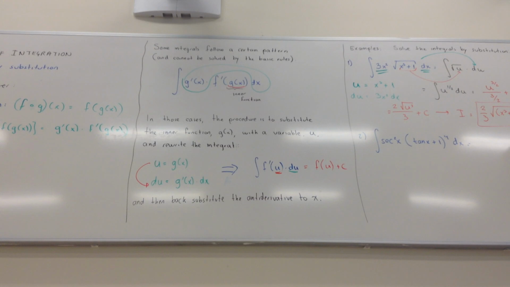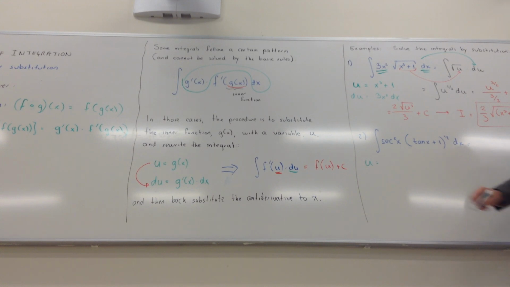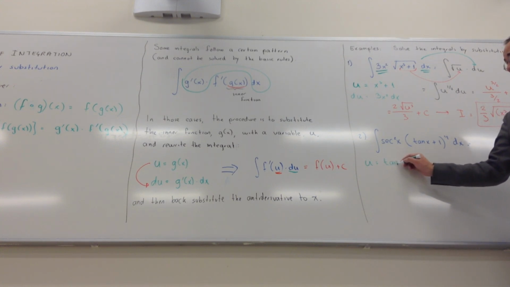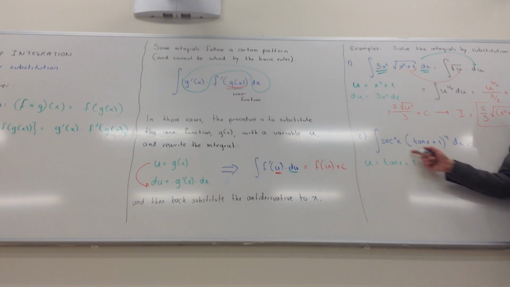Good. Can I continue? Second example. In this case, is it solved with substitution? Yeah, because you have the function here, the derivative is there. So, which one will be my u? Tangent of x plus 1. Why the plus 1? It doesn't really matter, because at the end it's an entire function and the derivative of the plus 1 becomes 0.